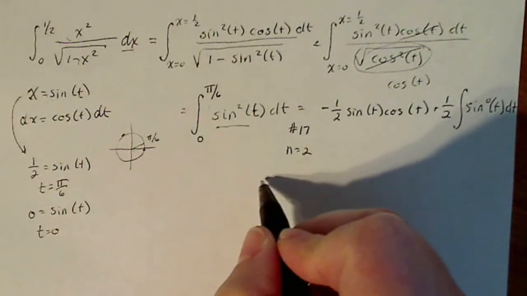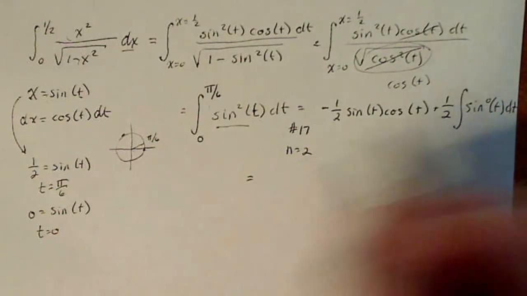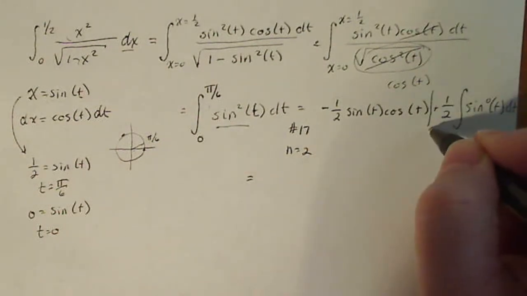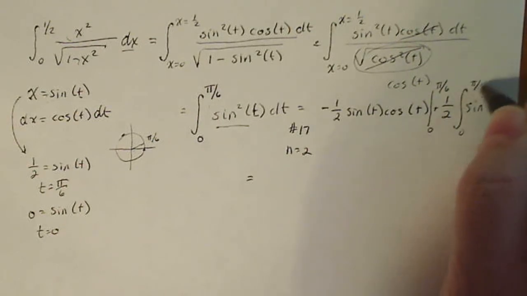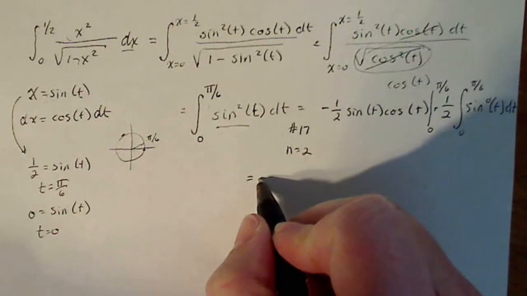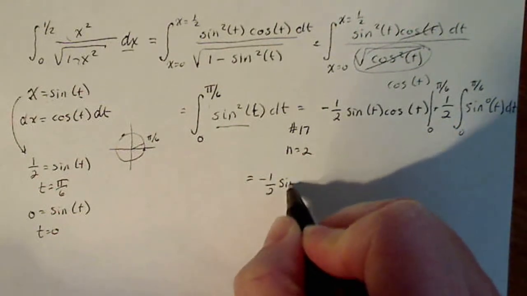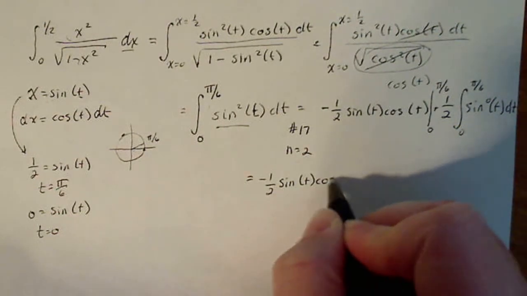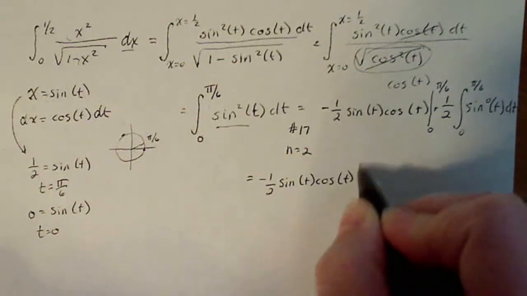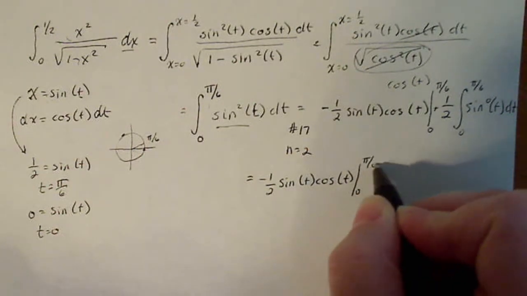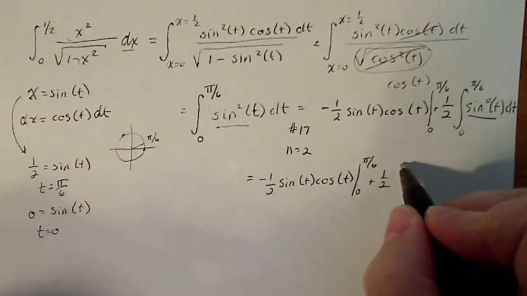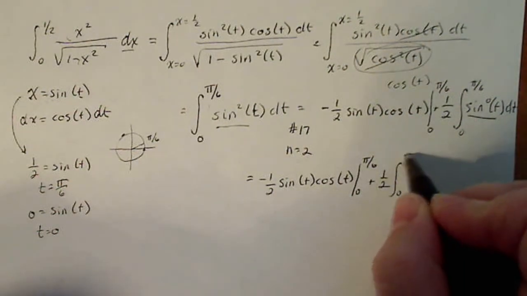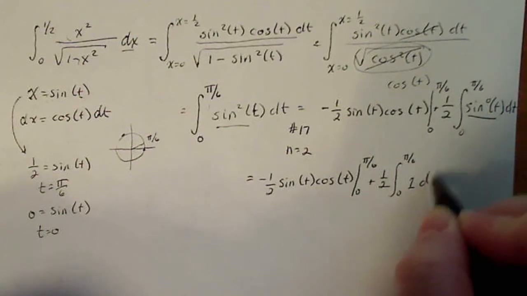I'm almost out of paper there on that end. If I keep going, oh wait, I have to remember because I have limits, 0 to pi over 6. Don't forget those. So I have minus 1/2 sine of t cosine of t from 0 to pi over 6 plus 1/2. Now sine of 0 is just 1, so I'm going to integrate from 0 to pi over 6 1 dt.